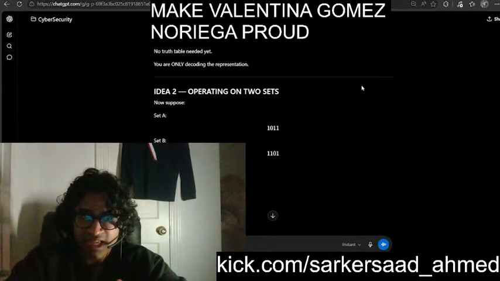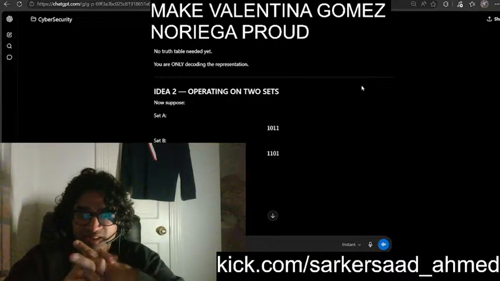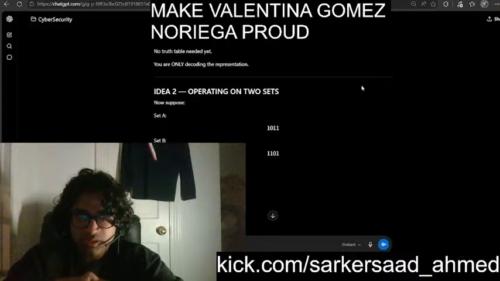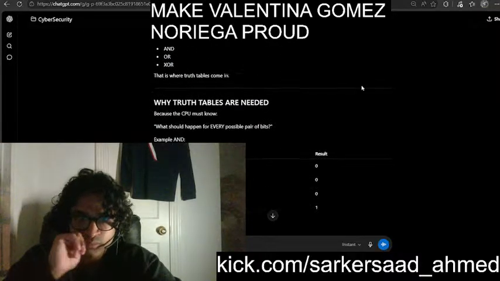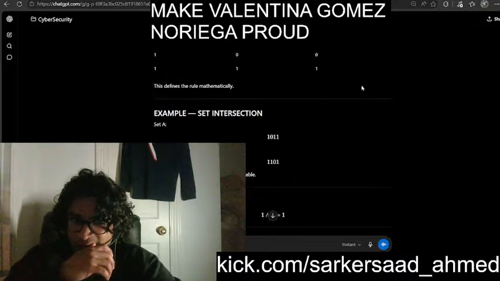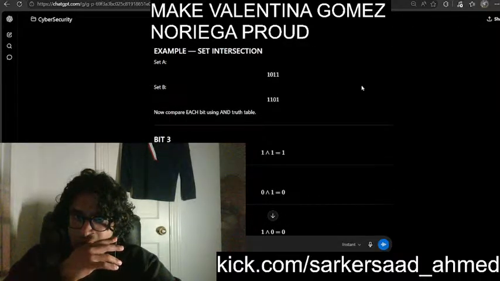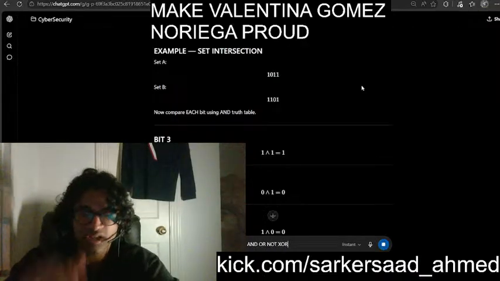Now suppose set A is 1011 and set B is 1101. Now you want to intersect, or find the union, and find the difference. But how do you know when to use AND or OR or XOR?